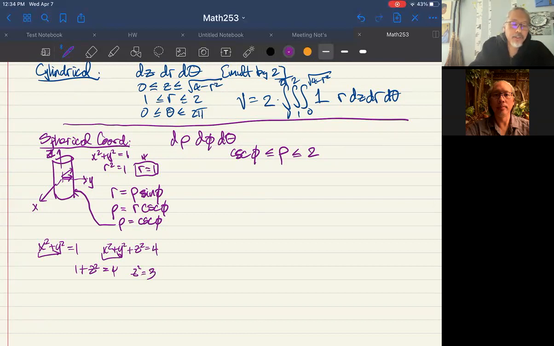Then I have a value for z, but I have to express z in terms of phi. So z is actually rho times cosine phi. That's one of the transformations that we have. And so if we replace this with the square root of 3, square root of 3 is equal to rho cosine phi, and then we'll divide by rho.